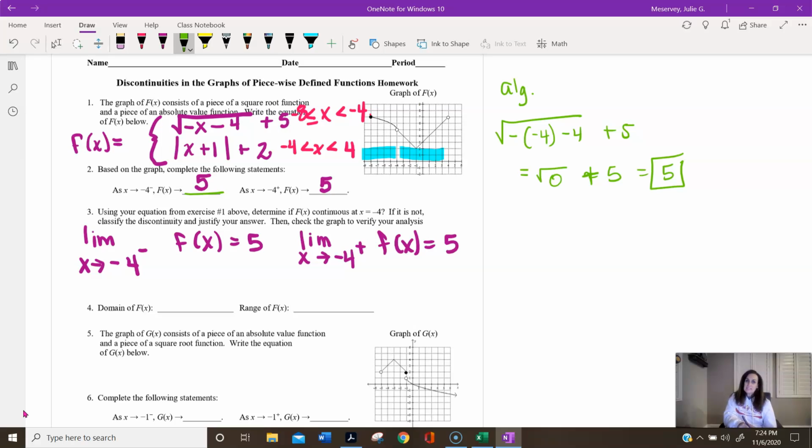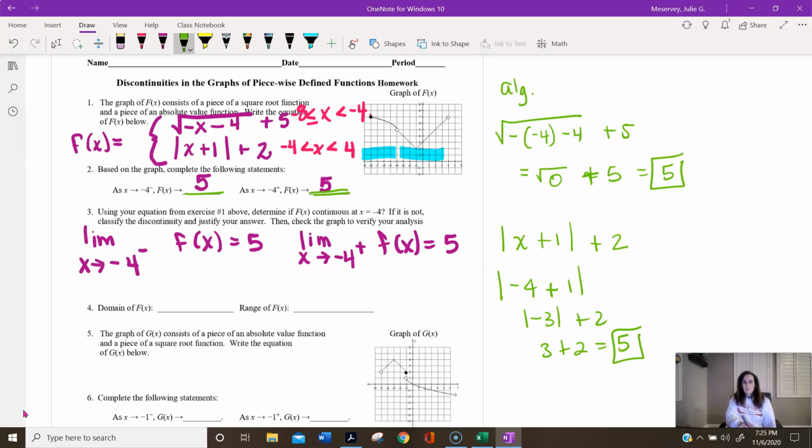How did I get the second piece to equal 5? Well, this piece is on the right-hand side. So let's plug it into the right-hand side of the graph. Absolute value of x plus 1 plus 2. In place of x is going to be -4. So -4 plus 1, the absolute value of -3 plus 2. 3 plus 2 equals 5.